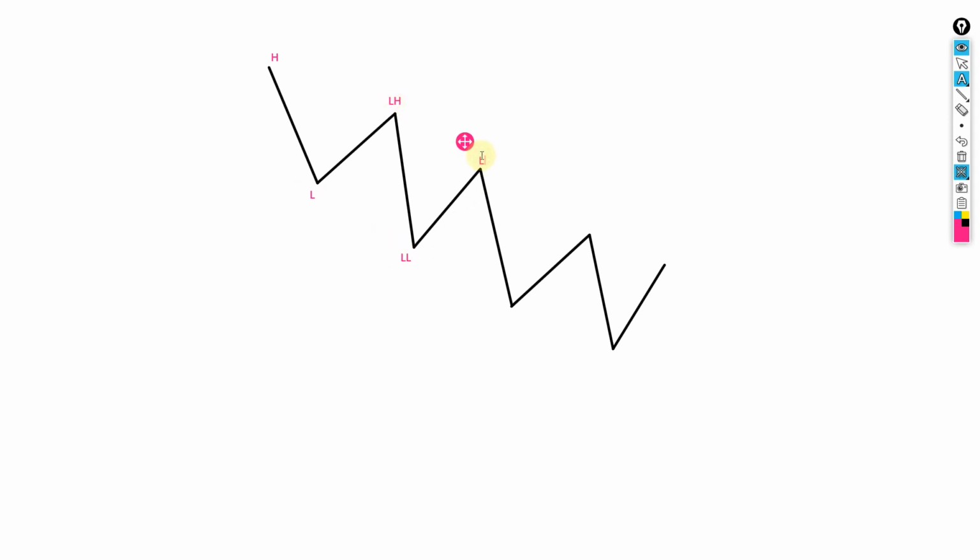It will be called LH, lower high, then lower low, lower high, then lower low, then lower high. Ladies and gentlemen, when you see price making things like this, we can be confident to say it is in a downtrend. So a downtrend is characterized by these features.